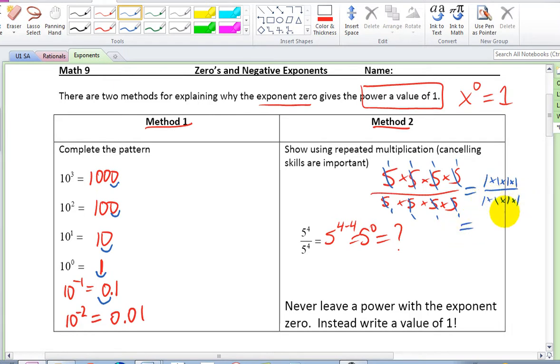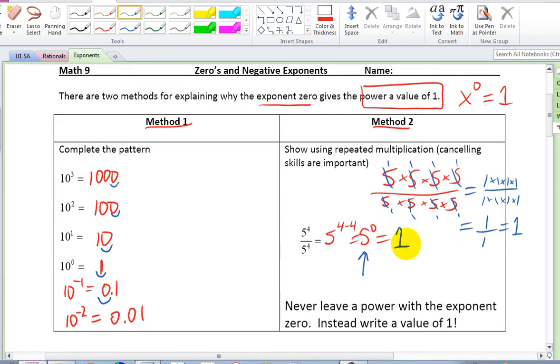So really when you multiply the tops you get 1. What happens when you multiply your denominators? You get 1. And so now what's 1 divided by 1? 1. Okay. So that's another way of showing that the exponent 0, which is what we got by using our rule, gives us the value of 1.